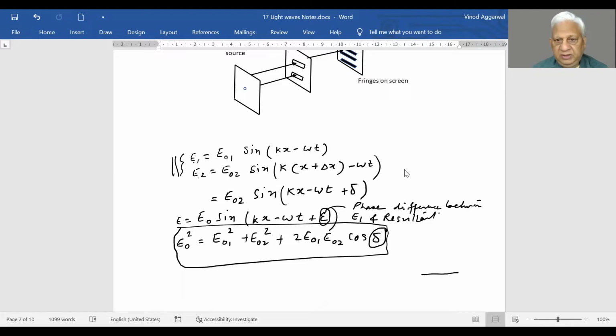What it basically says is that if you have two vectors, E01 and E02, which are separated by an angle delta, then the resultant is given by this formula, where delta is the phase angle between the two. And what is eta? Eta is the angle between the resultant and E0.